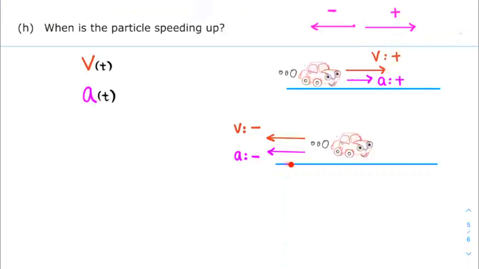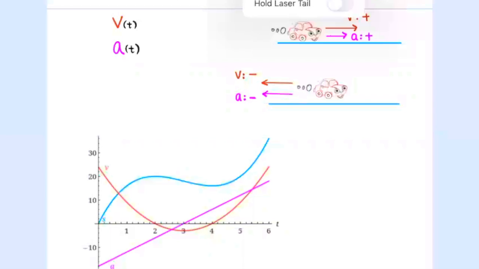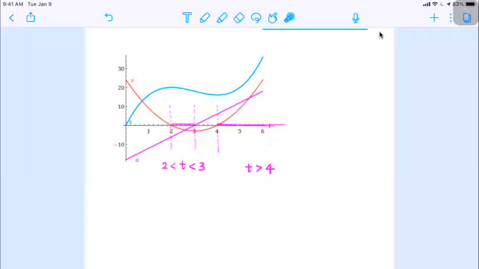So the particle is pushed in the same direction it is moving. From this diagram, we see that this is going to happen when t is greater than 2 and less than 3, and also when t is greater than 4.